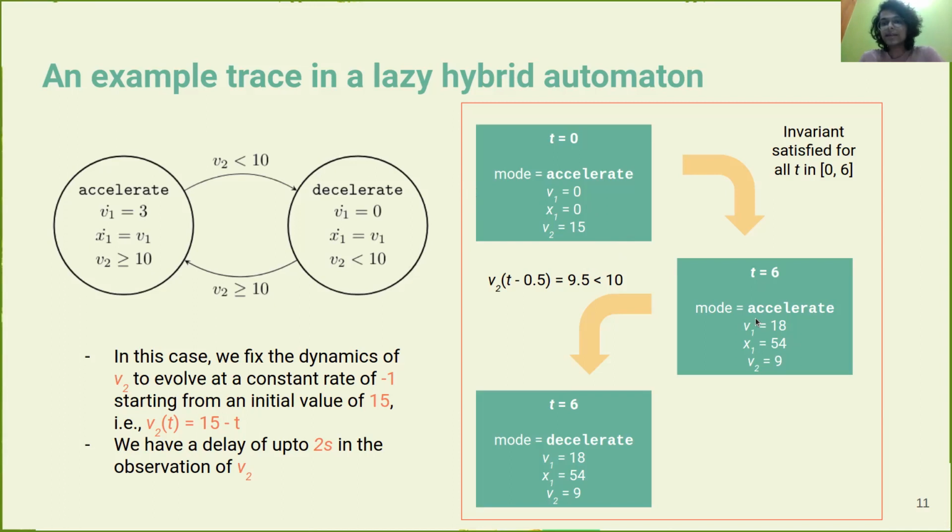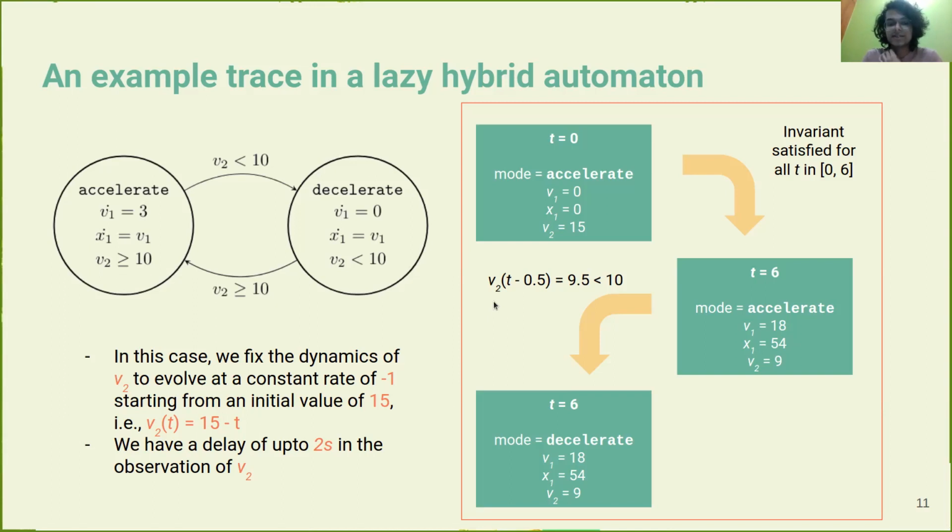And at time t equals 6, we can switch to the mode decelerate, because the guard condition is indeed satisfied that V2 was less than 10. Here we saw that we stayed in the mode accelerate even longer than when the velocity of V2 was greater than or equal to 10.